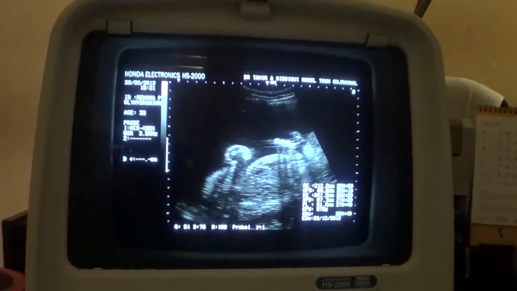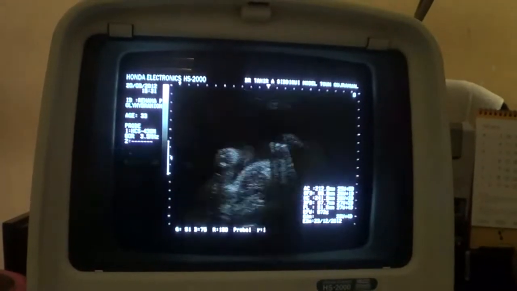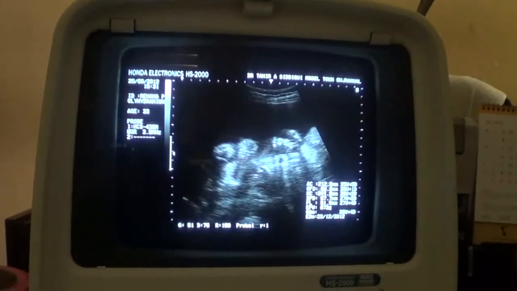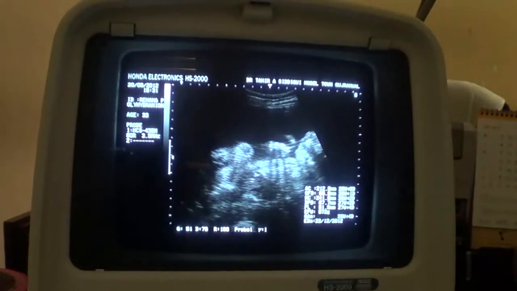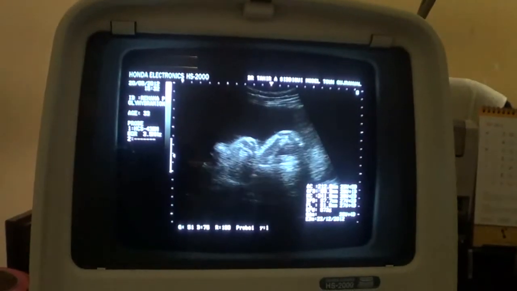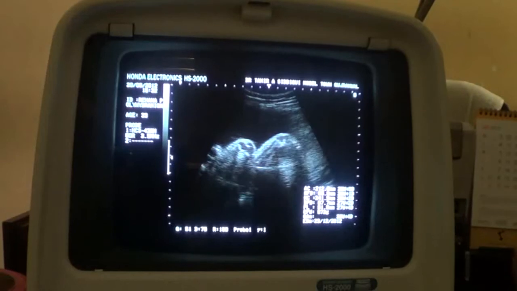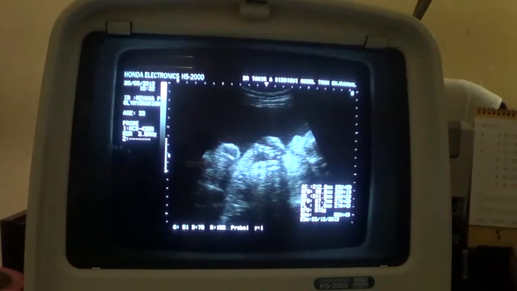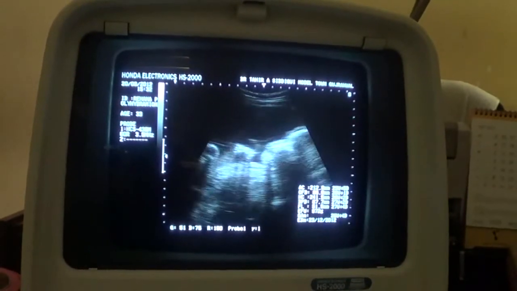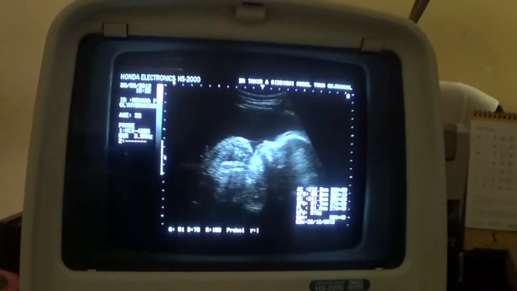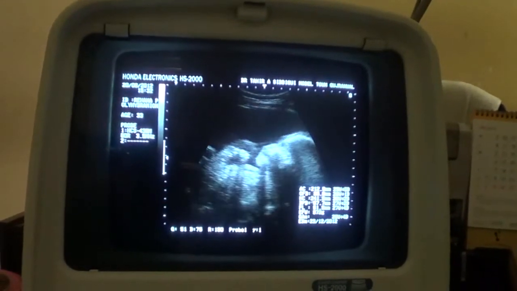Normally, at this stage, the fetus is very active, and you will not see these limbs at one place. It becomes difficult to grasp a good view. Here we see the child is not active at all. As I started the ultrasound, I had a different impression.